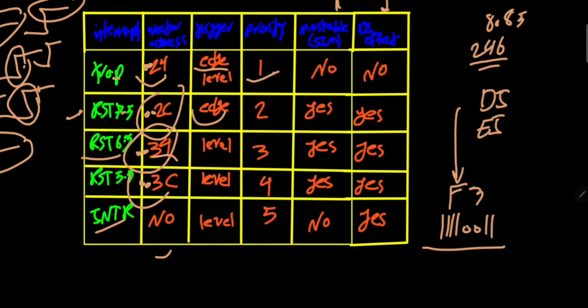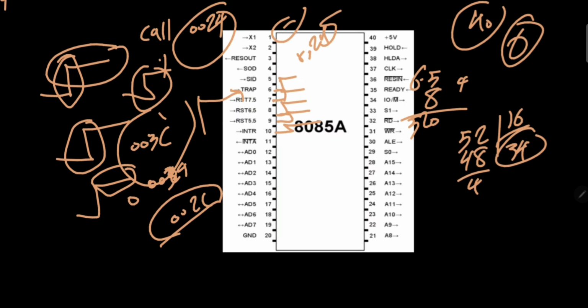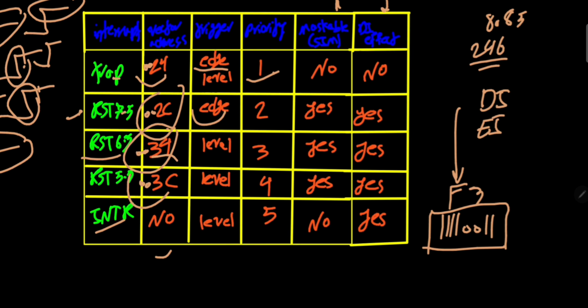If this value is inside the IR, the CPU would disable all the interrupts. All the interrupts, I mean 7.5, 6.5, 5.5, and INTR. It means that it doesn't matter what happens at these pins, the CPU would ignore them. You can't disable trap, only these four.